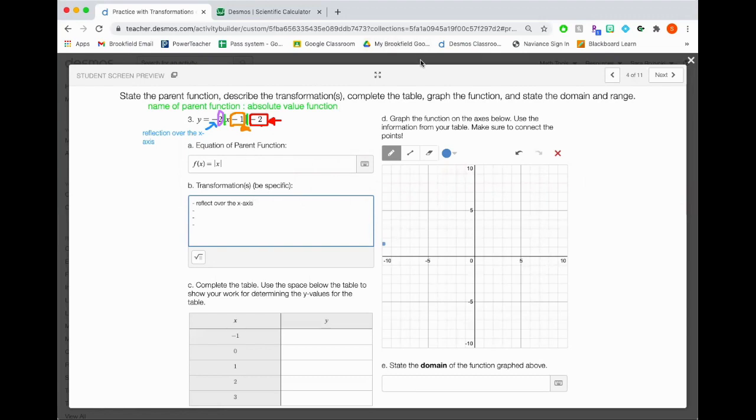The 2 on the outside here is a vertical stretch. Means our graph is going to get tall and skinny. So the purple 2 is a vertical stretch by a factor of 2.